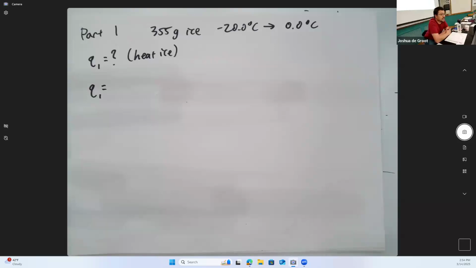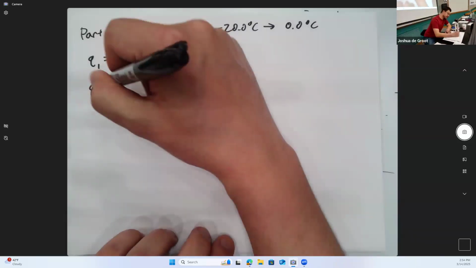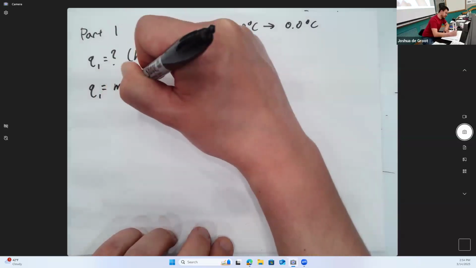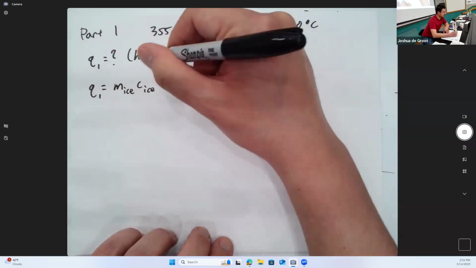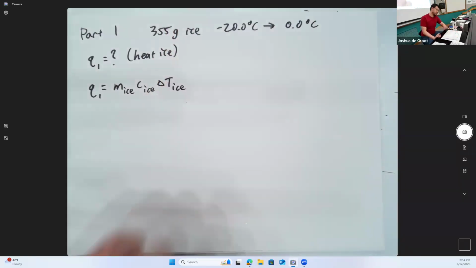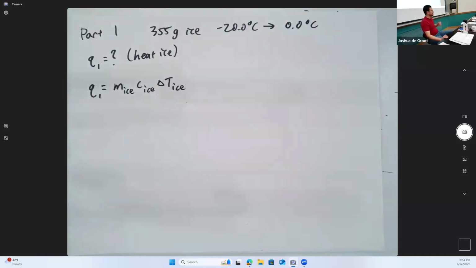Are we doing a phase change? Since we have a temperature change, we'll use the formula Q equals MC delta T.